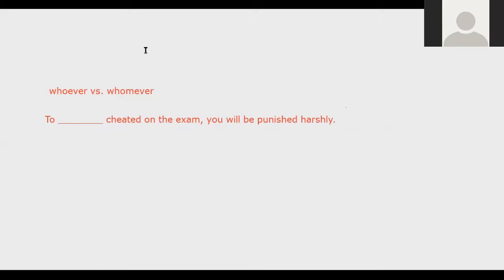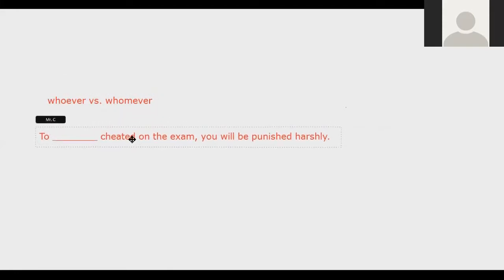So here we have: to blank cheat on the exam, you'll be punished harshly. Okay, so what do you think the answer is? Is it whoever or whomever? There's actually a key difference here. So you have to think about it.